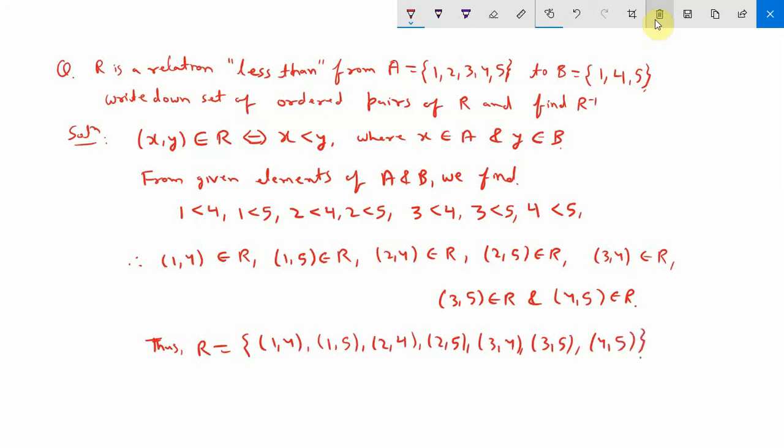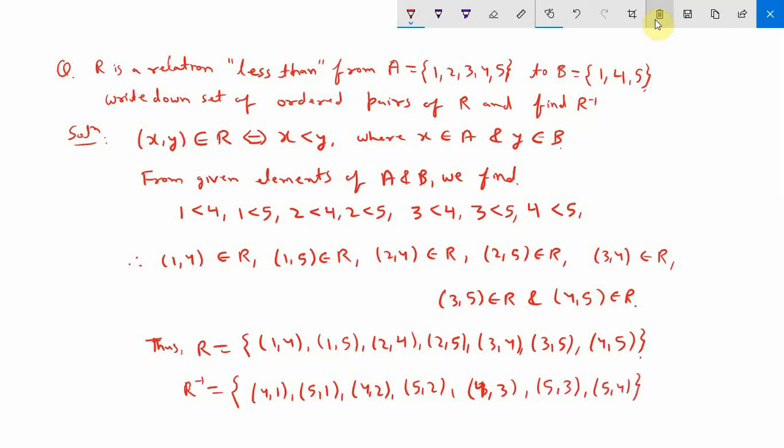Okay. Then we have to find R inverse. So for R inverse, we will just invert the ordered pairs. So (1, 4) will become (4, 1), (5, 1), (4, 2), (5, 2), (4, 3), (5, 3), and (5, 4).